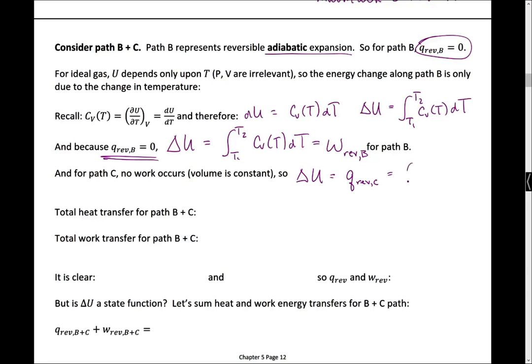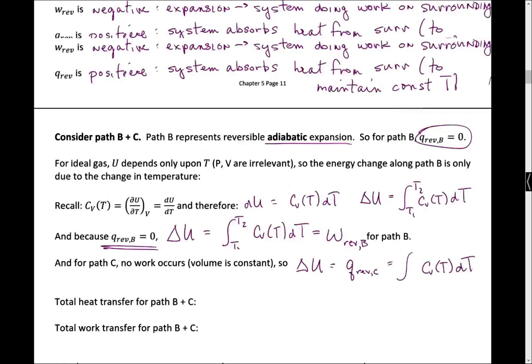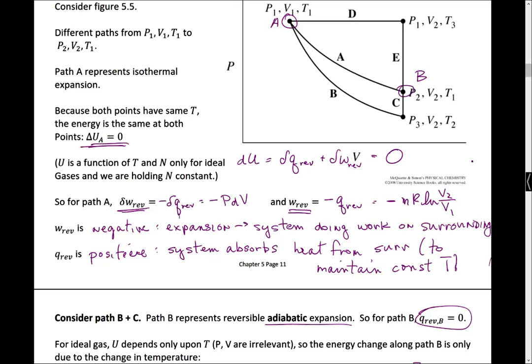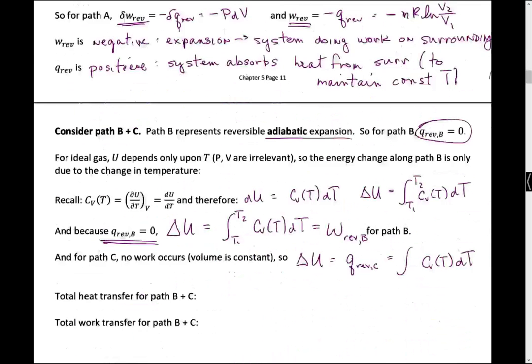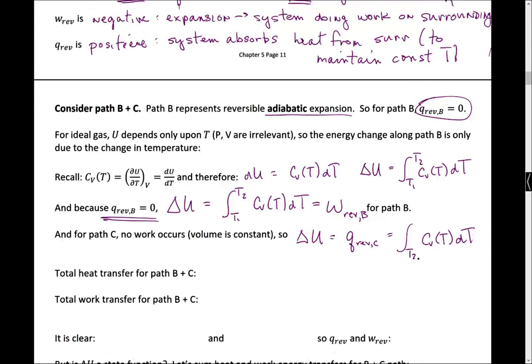So that's going to be the integral of Cv(T) dT, right? If we go back to the figure, what we see along path C is that we're going from T2 to T1. All right, so our limits of integration are from T2 initially to T1 finally.